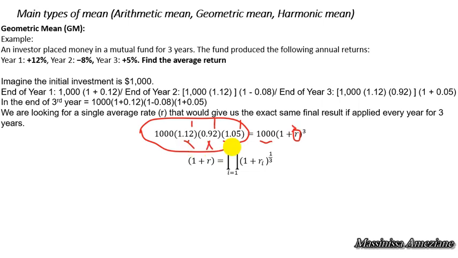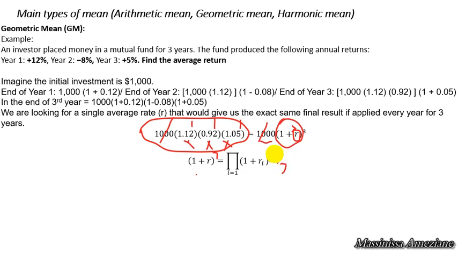We can cancel 1,000 with 1,000, then we get 1 plus the interest, to the power 3, equals the product of 1.12 times 0.92 times 1.05. Then we can remove the power 3 here and place it here as 1 divided by 3.